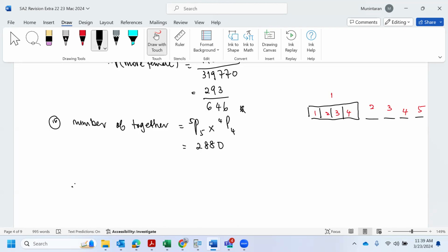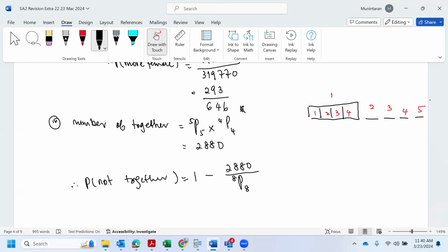So therefore, you want to know the probability of not together, which is 1 minus the probability of them being together, 2880 divided by 8P8.